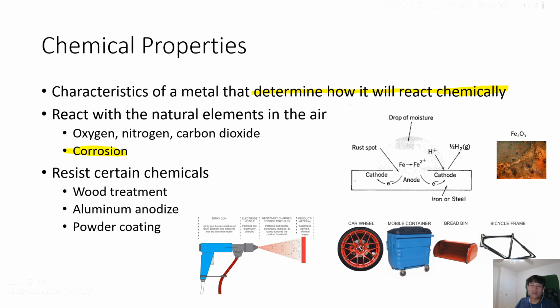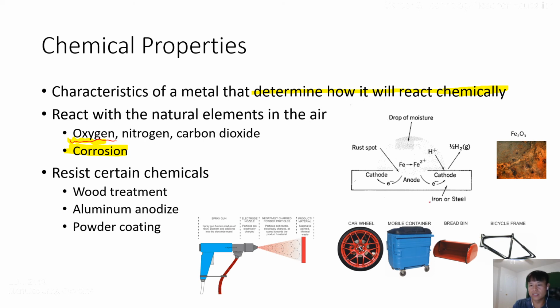Most metals have corrosion properties, they become corroded. The main reason a metal corrodes is oxygen. Oxygen is the primary reason. So this is one example.